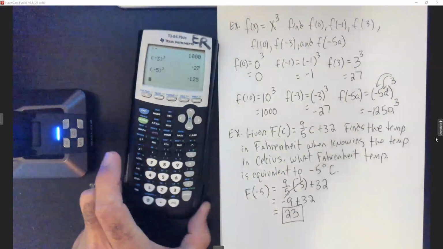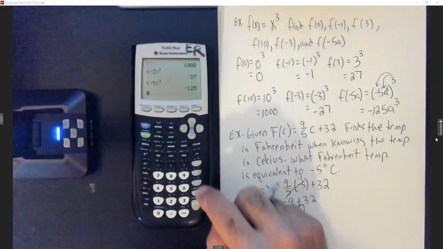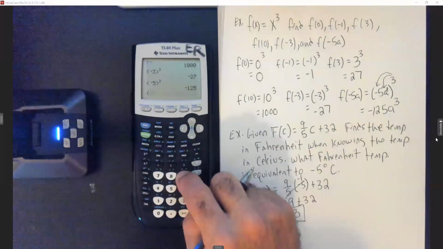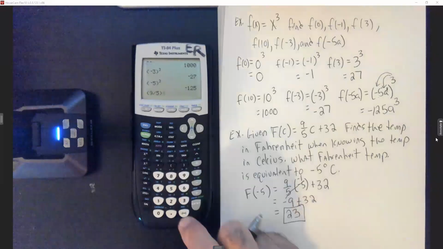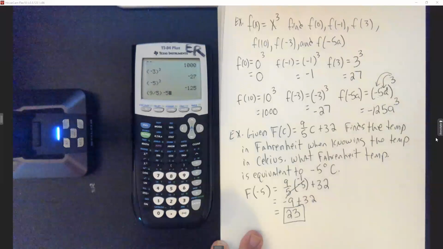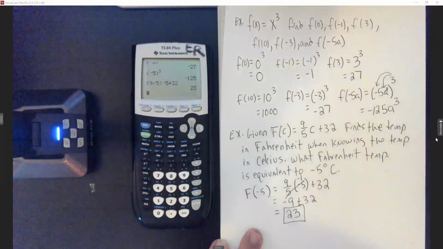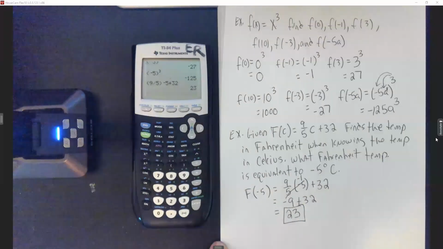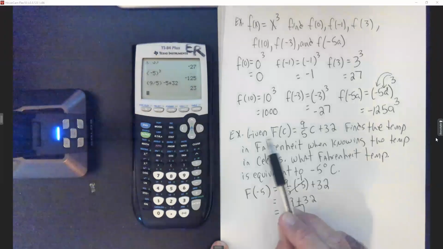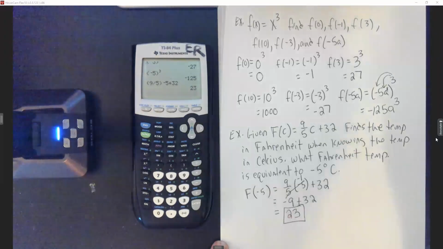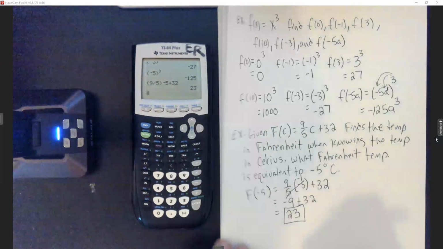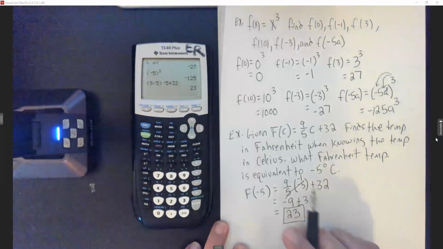On the calculator, you can do parentheses 9 divided by 5 times -5 plus 32. Hit enter, you get 23. Okay? So y'all can do that, get you some Celsius temperatures and try to convert them into Fahrenheit, okay? So this is just showing you an example of how you can use those function values.